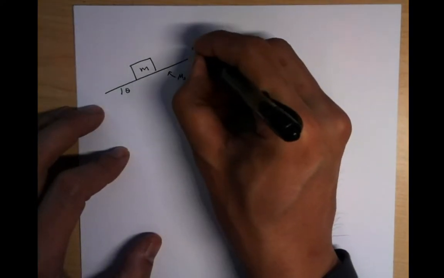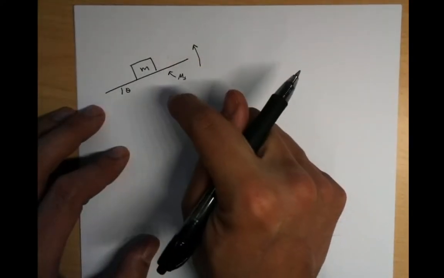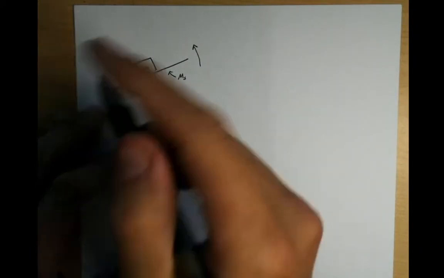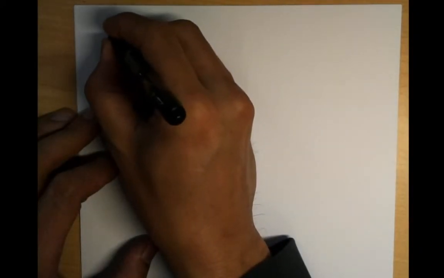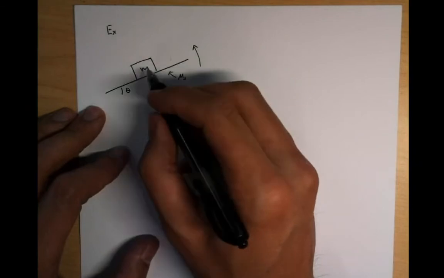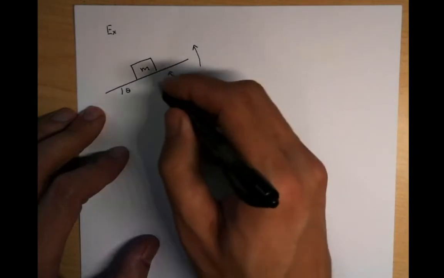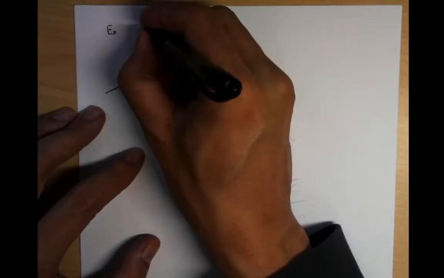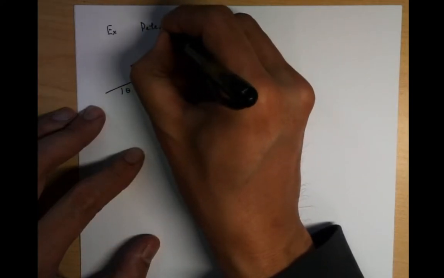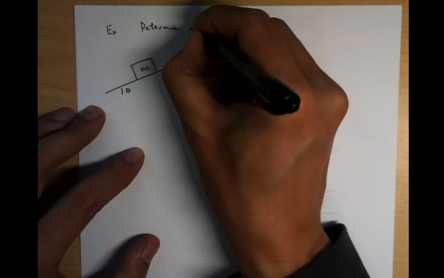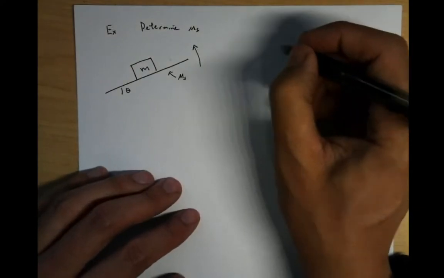I can adjust this up and down to see what it is. So the first exercise is to figure out how to determine mu sub s just given this setup. Let's go ahead and do that.